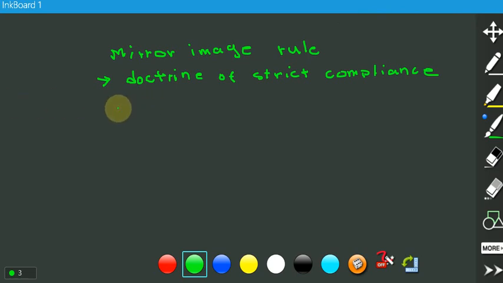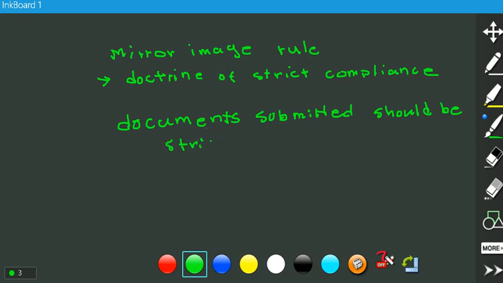This is the meaning: the documents submitted should be strictly complied with the credit request.